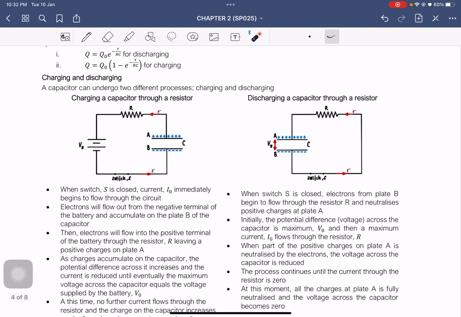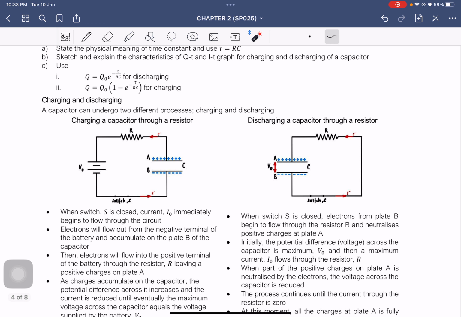Wait, is that, I'm not sure if the charging equation is correct. I feel like I did something wrong, but I'm not sure.